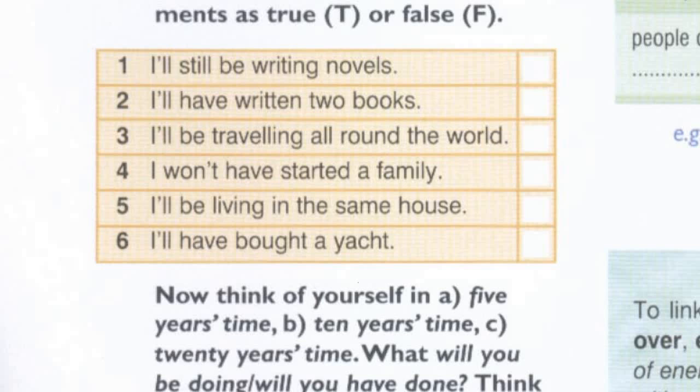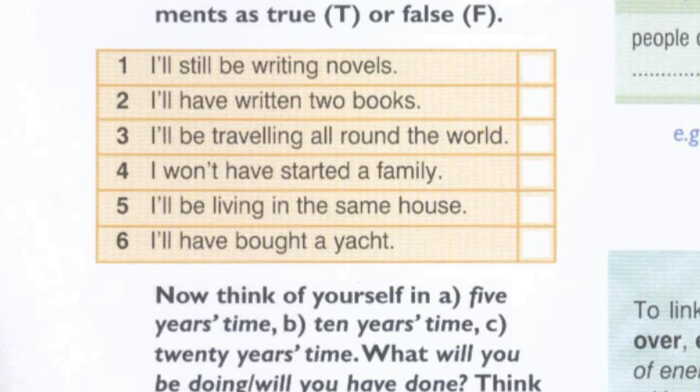True or false? False. Yes, well done. I'll have written 10 books. Okay. And the rest. How about number 3? I'll be traveling around the world. True or false? Yes, well done, true.